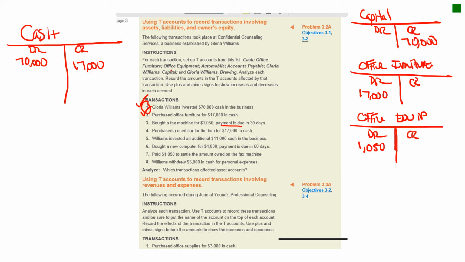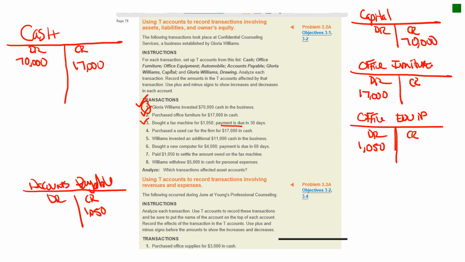And then on this one, I'm going to write accounts payable down here. We're going to have a liability because we haven't paid it yet. So accounts payable, here's our debit and our credit. That's going to be credited for $1,050. So notice, debit equipment, which is an asset, and increase your liability, credit accounts payable, for $1,050.